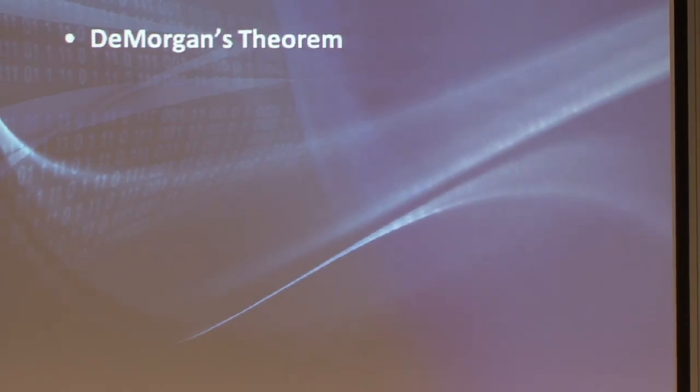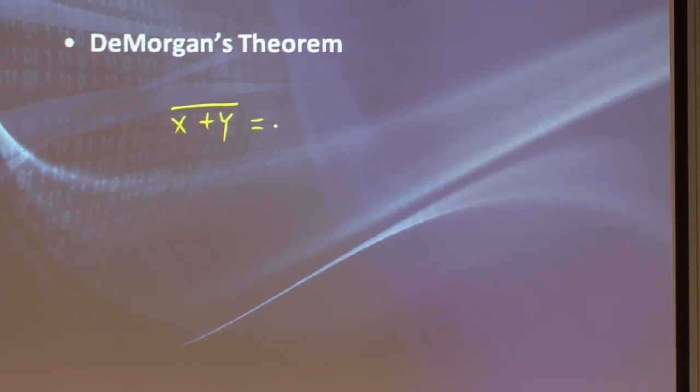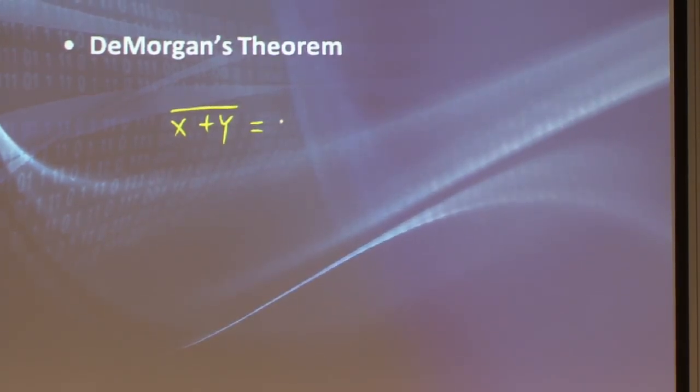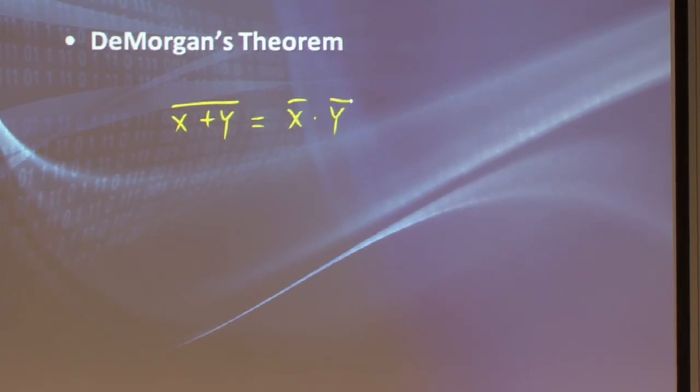Someone kept saying De Morgan before. There is a guy called De Morgan, and he came up with this theorem. His theorem states that the complement of x or y is the same as the complement of x and the complement of y.